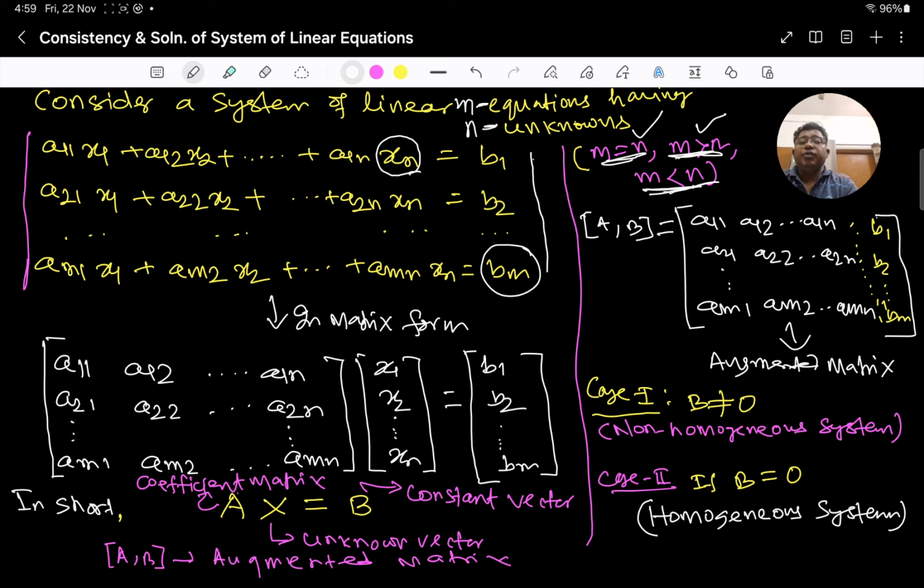So now this is a system having m equations and n unknowns, starting from x1 to xn. Now if you want to write it in matrix form, I just collect the coefficients. Here this matrix is called my coefficient matrix, and then I collect the unknowns, x1, x2, xn.